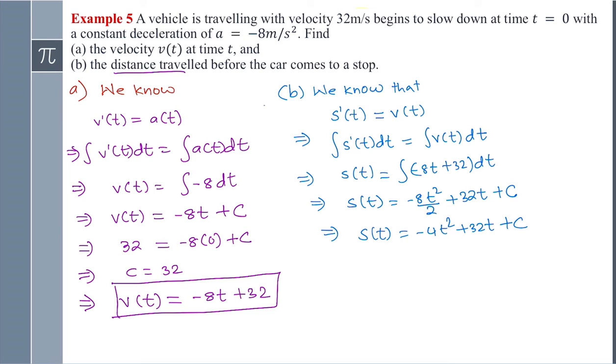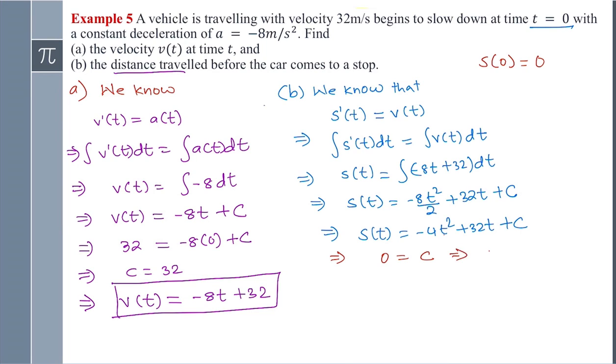Now in order to find that c, we have to use the initial value. So the initial value here is, at t equals 0, we start counting the distance. So at t equals 0, it hasn't covered any distance. That means we can say the distance at time t equals 0 is just 0. So using the initial value, 0 equals, when t is 0, this is 0, this is 0, so we just get c.